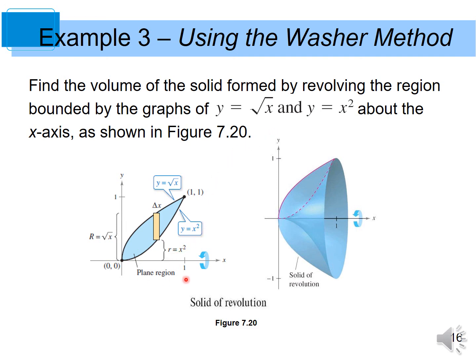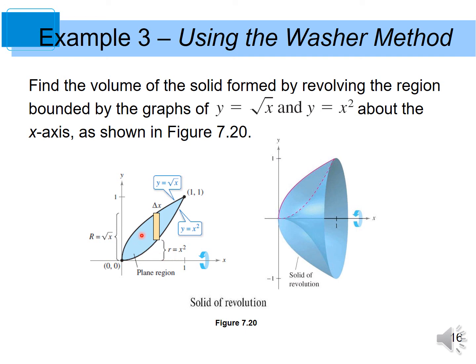Then, from our theory, the distance from the x-axis to the top function is big R, and the distance from the x-axis to the bottom function we call small r.